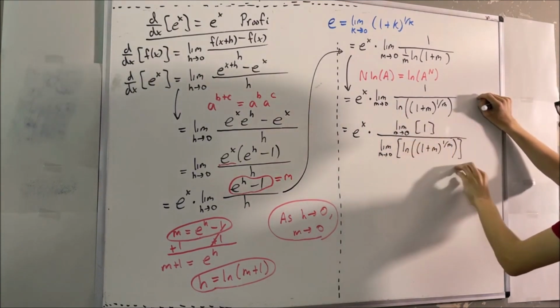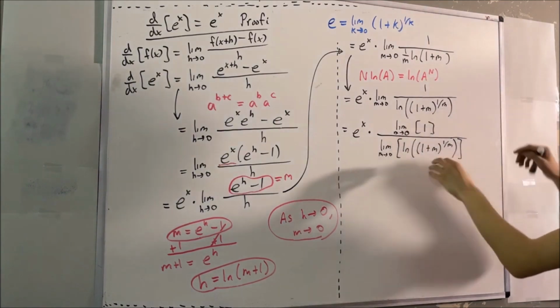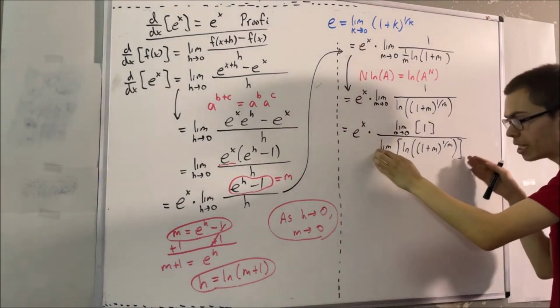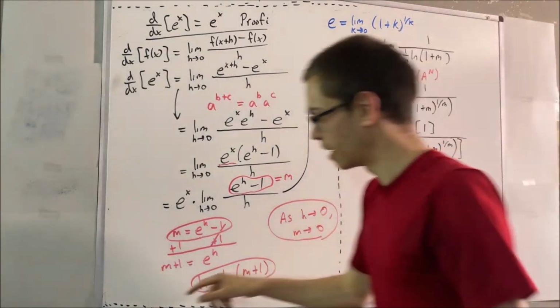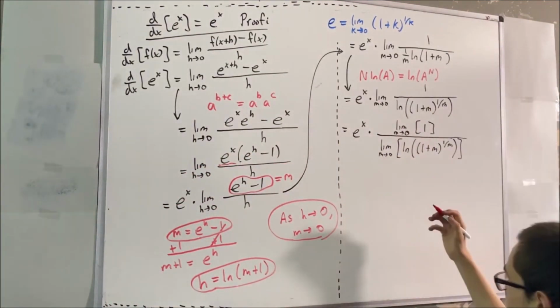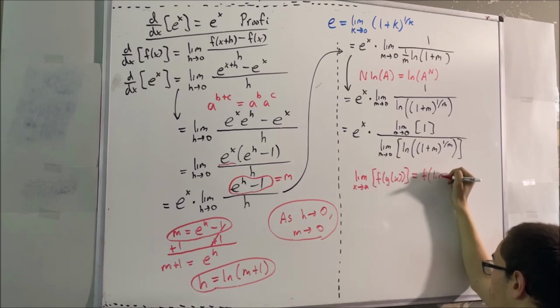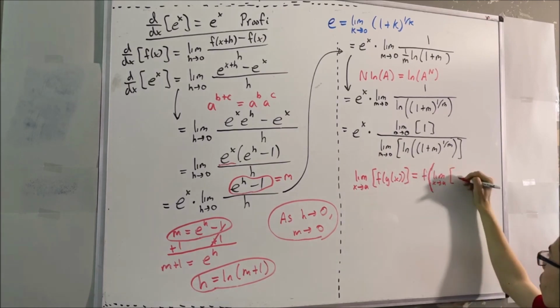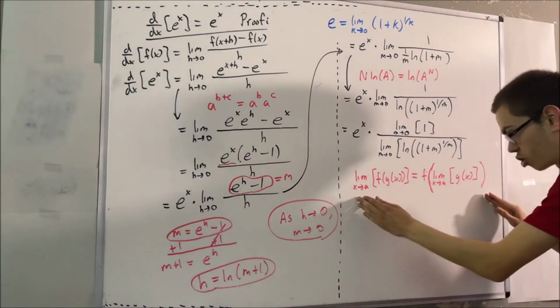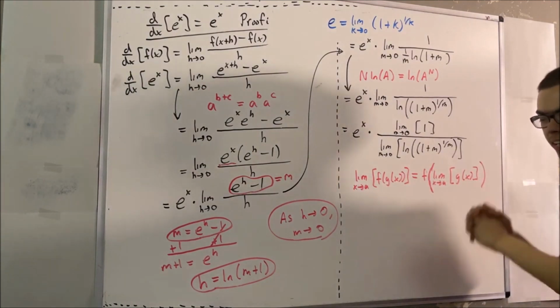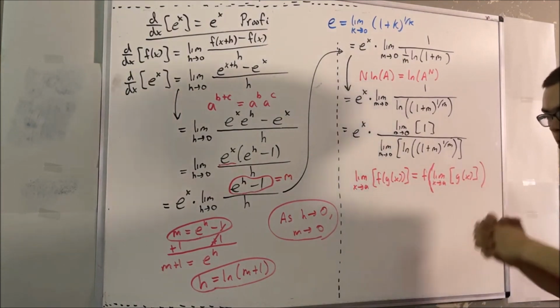But the limit of the denominator is a little bit more complicated. But it turns out for the denominator, we can apply another property of limits. And this property of limits states that this is true. And so really, it's a property of limits involving composite functions.